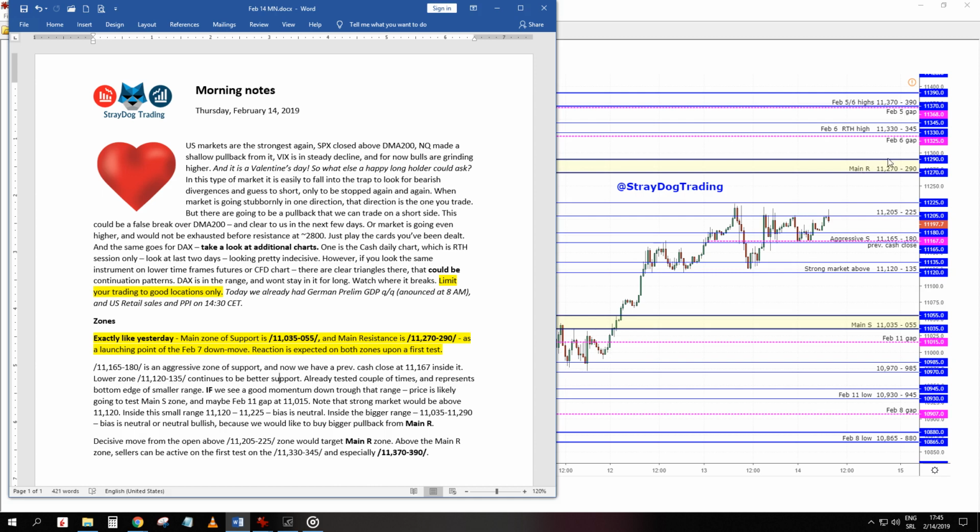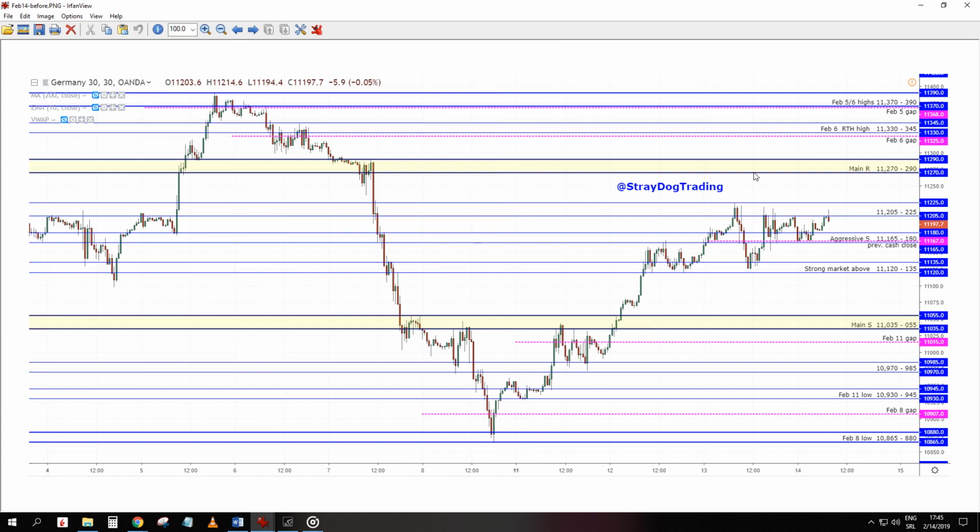First test of the main resistance or main support area, where we expect a reaction on the first test, because those are the good zones. This main resistance zone is the main resistance because it represents the launching point of this down move, and bears have to defend it, because if price goes above it, all of this is negated.